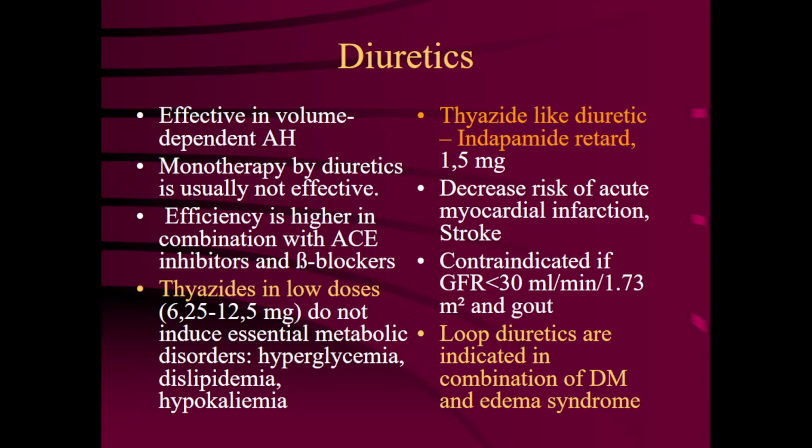That's why it's better to use them in combination with other antihypertensive drugs, for example, ACE inhibitors or angiotensin II receptor blockers. Efficiency is higher in combination with ACE inhibitors and beta blockers.